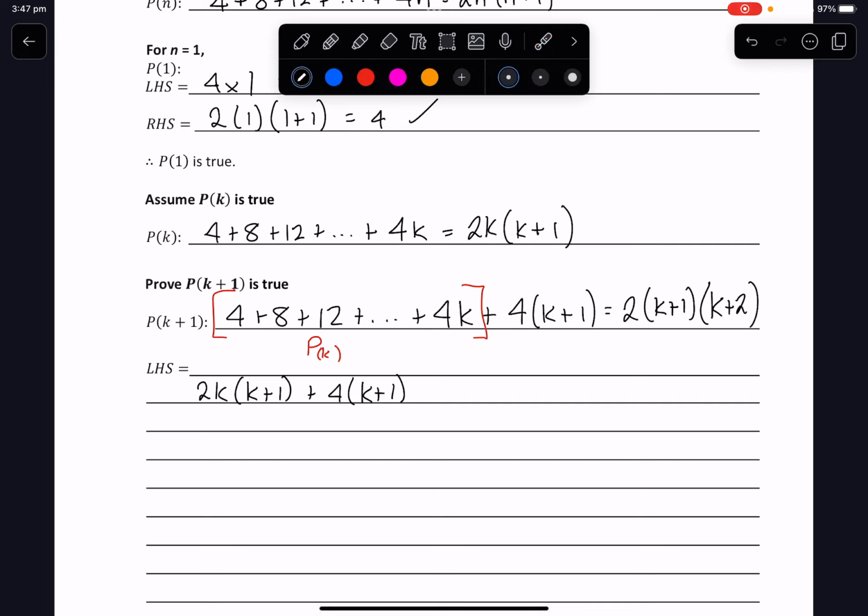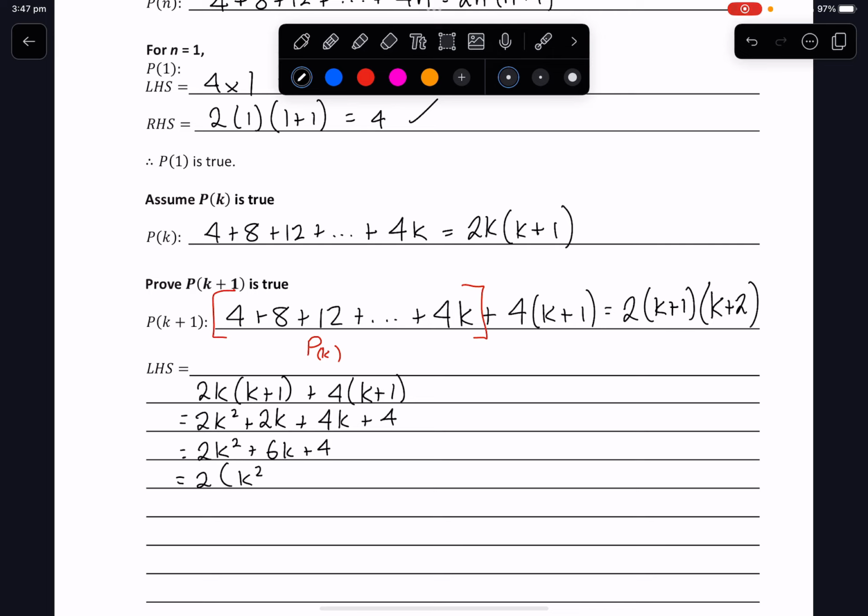So let's expand this out. I've got 2k squared plus 2k plus 4k plus 4. Let's keep working this out. I've got 2k squared plus 6k plus 4. Now, this looks like a quadratic, and I've got a common factor of 2, so let's pull that out the front.